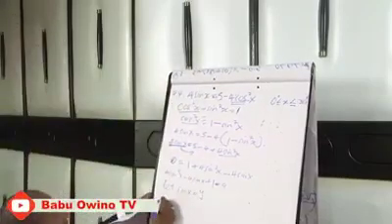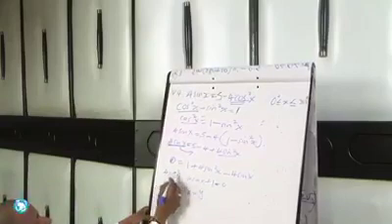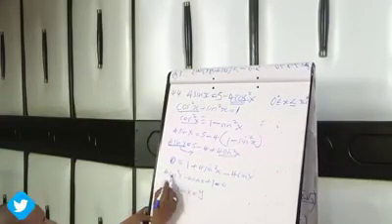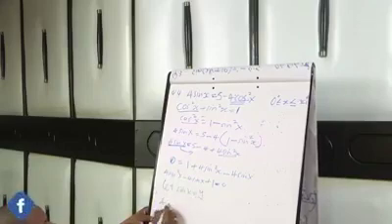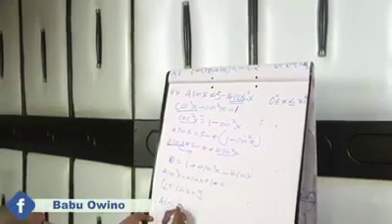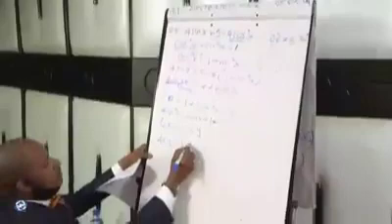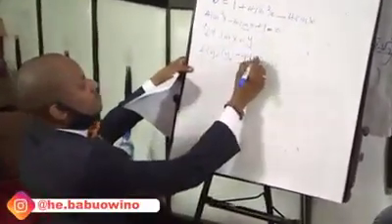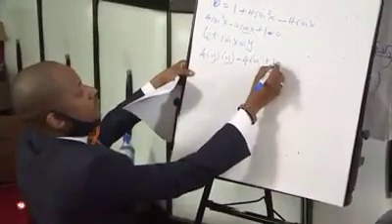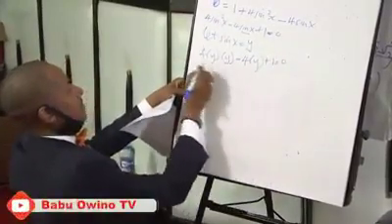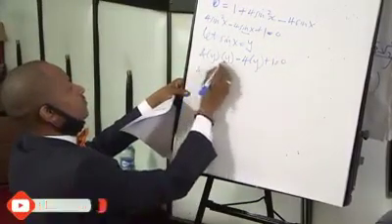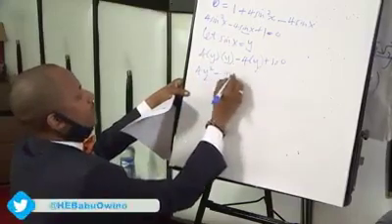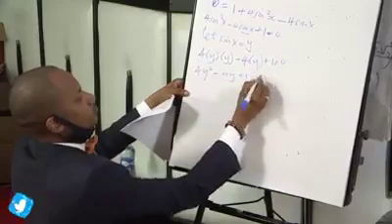Therefore, 4 times sine squared x is 4 times sine x times sine x. When sine x is y, you replace with y, times again sine x, which is y, minus 4 sine x, which is y, plus 1 equals 0. This gives us 4 y times y is y squared, minus 4 times y is 4y, plus 1 equals 0.